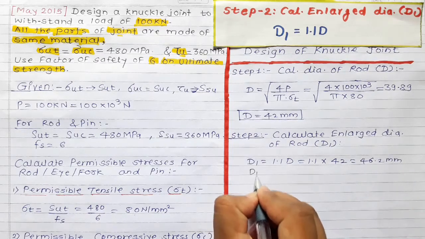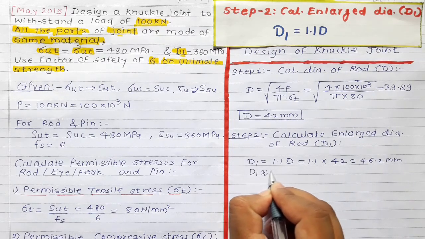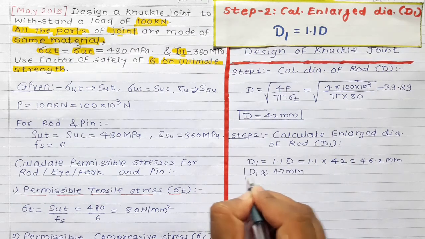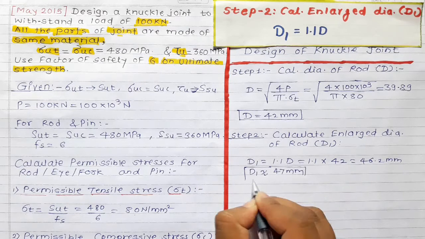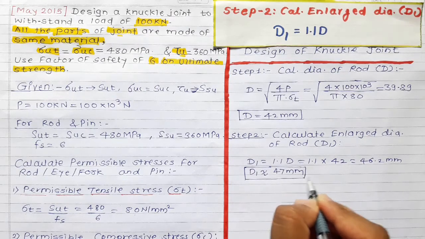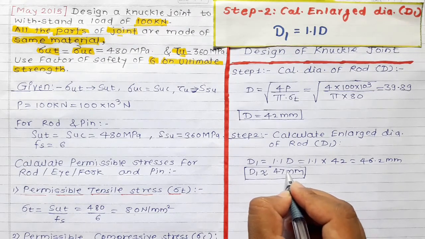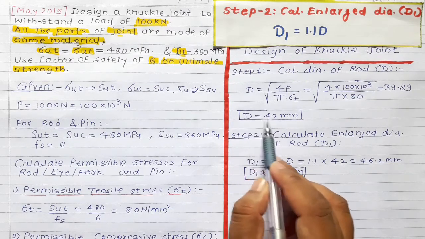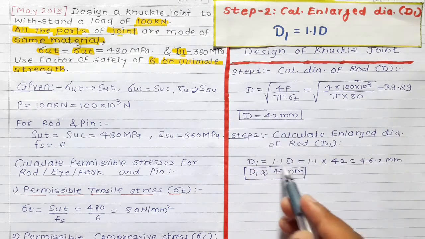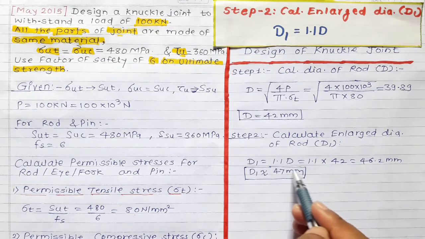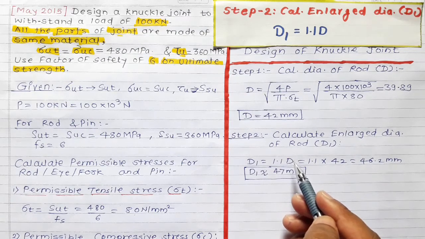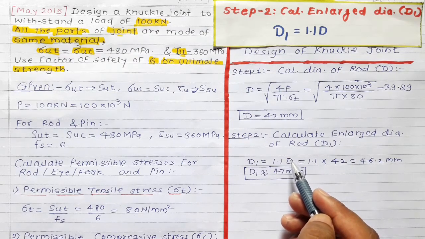Let us round off this value by adding 1 mm. So the answer of this enlarged diameter of rod is 47 mm. Here we are not going to add 2 or 3 mm, because already we have added 2 mm in the diameter of rod. So here it is not necessary to add more dimension into this D1. So with this, our step number 2 is completed.